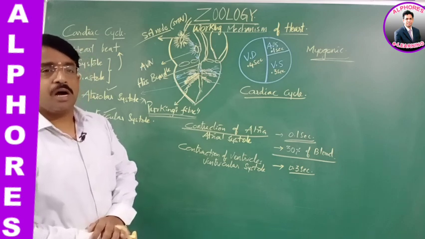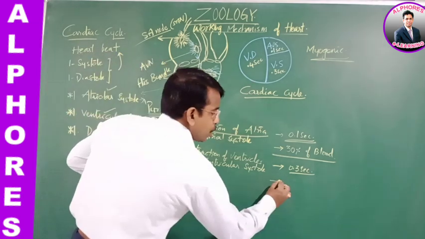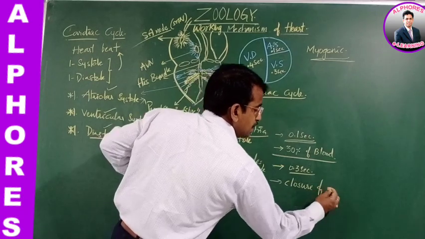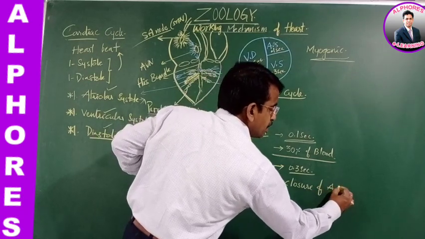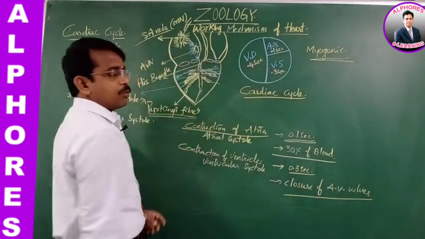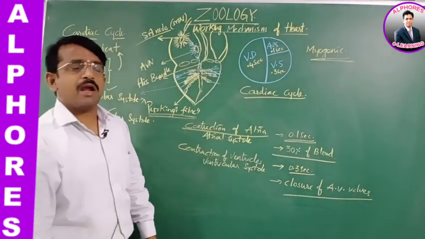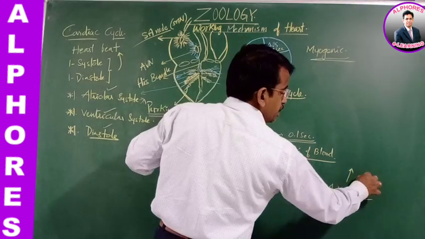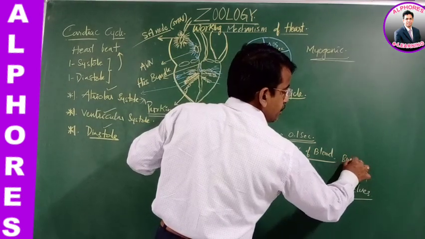This pressure causes the closure of the AV valves, the atrioventricular valves. What are atrioventricular valves? Bicuspid and tricuspid.